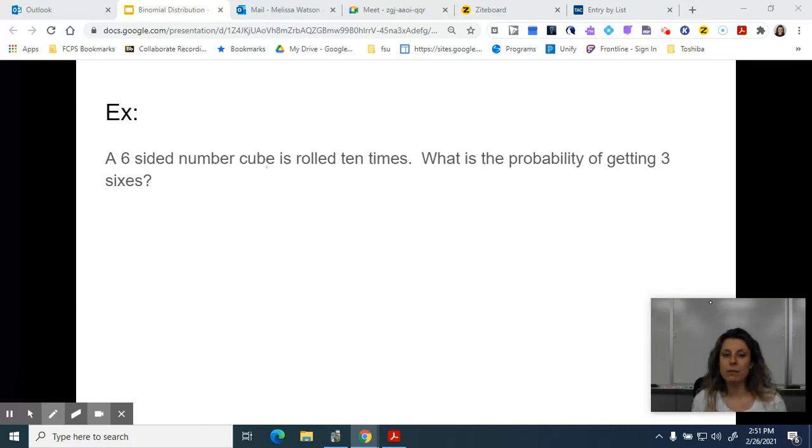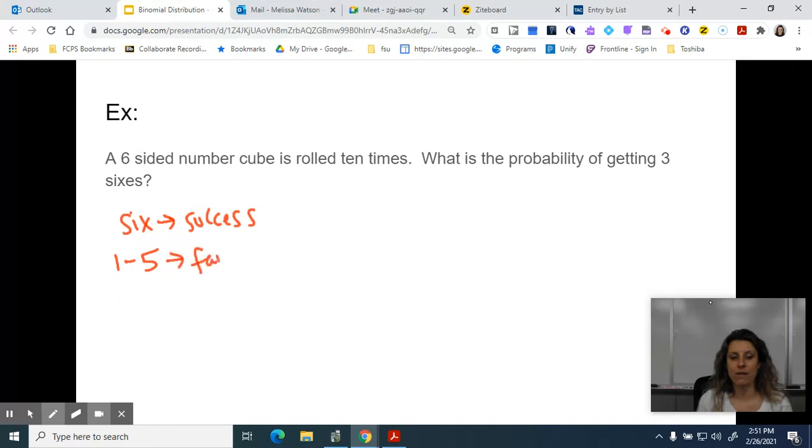So we better be able to group outcomes into success and failure. So if we look at the question, what is the probability of getting 3 6s? 6 is going to be the success. So that means the failure are the numbers 1 through 5. So we grouped them into 2 outcomes. So we're good to go there.